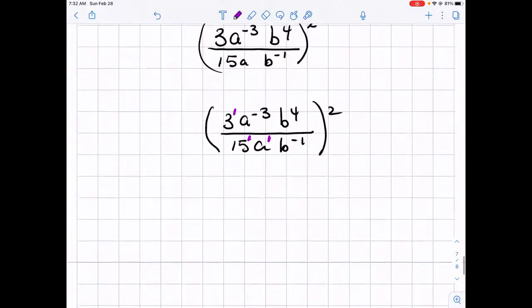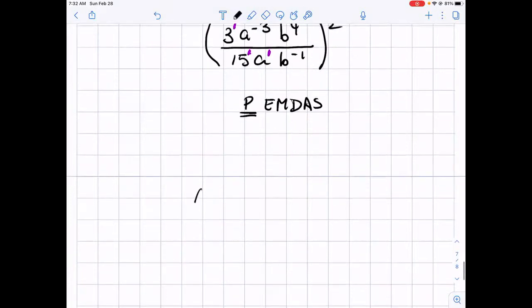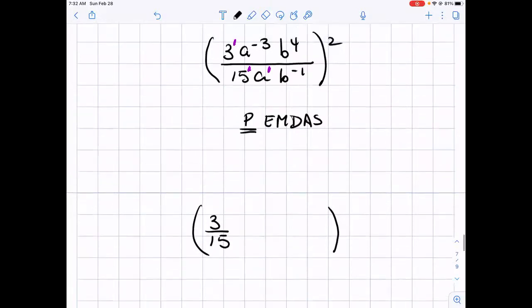So my next step is, remember, PEMDAS. Okay, parentheses first. There's another way, but this is the way I choose to do it. You could rewrite it with the square on both ends, but since we follow PEMDAS, if we apply PEMDAS now, we have 3 over 15, okay?